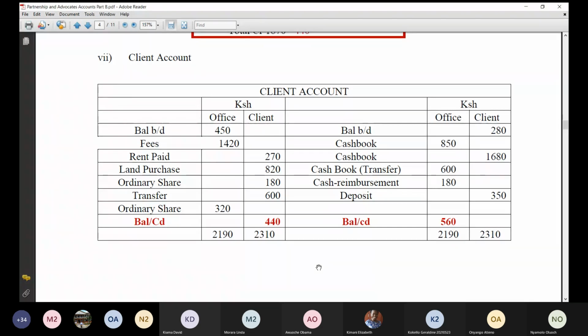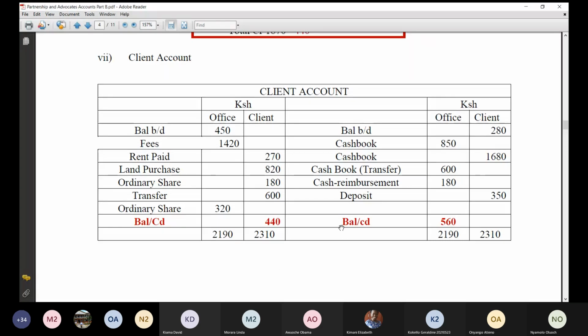Remember the 440 we said it is what we owe our customers. So this same client instructed us to buy them shares of 500. It therefore means that out of the 500 shillings that we spent, 180 was from the client's account, and the 320 we topped up for the client. So out of the disbursements of the 560, the client still owes us 320.